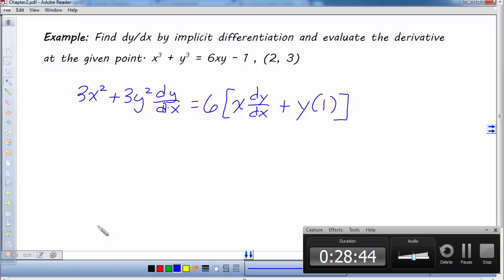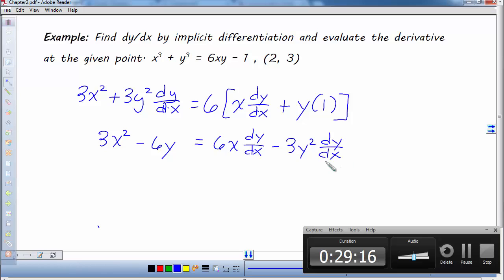All right, so now I need to get all of my dy dx's on one side and everybody else on the other. So I'm going to subtract y from both sides, bring it over to the left. I've got 3x squared minus, this is actually going to be 6y, okay, equals 6x dy dx minus 3y squared dy dx. Okay, I factor the dy dx out.